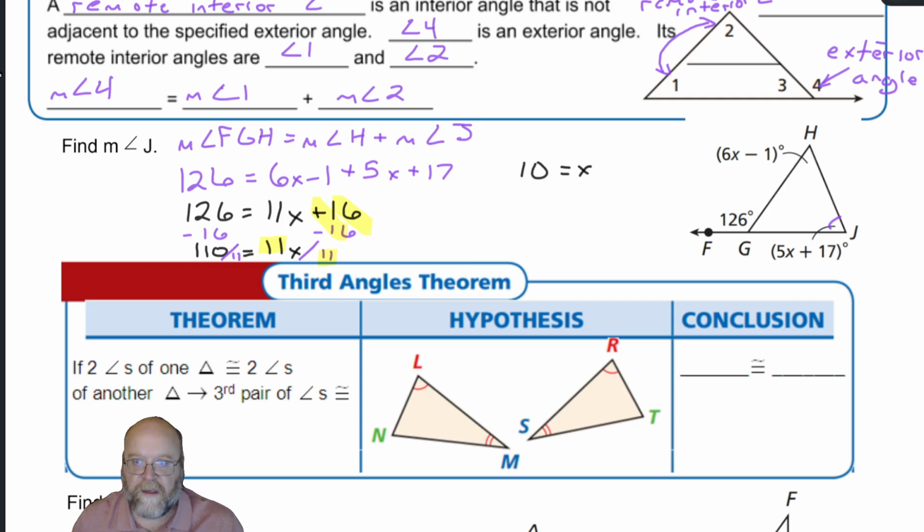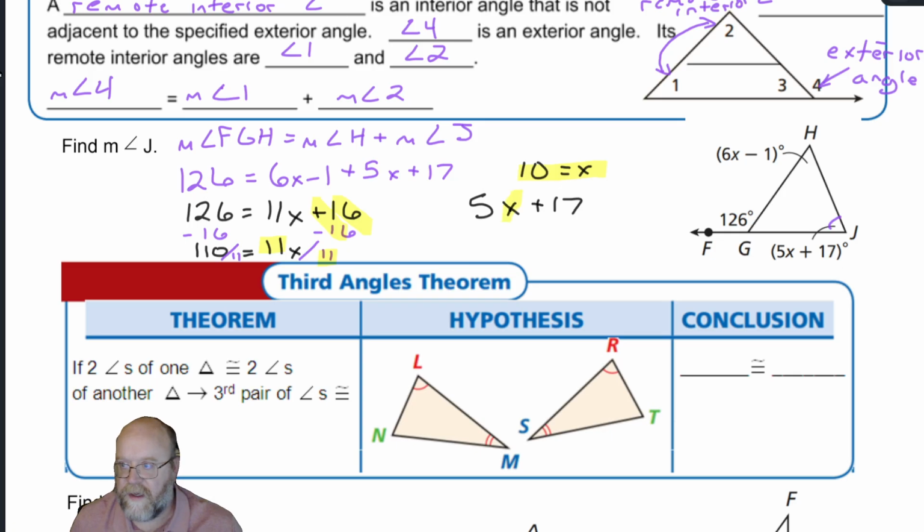All right, we did it. No, you thought we did it. You fool! We're finding the measurement of angle J. That's over here. Well, the measurement of angle J is 5x plus 17. Well, now I know what x is.